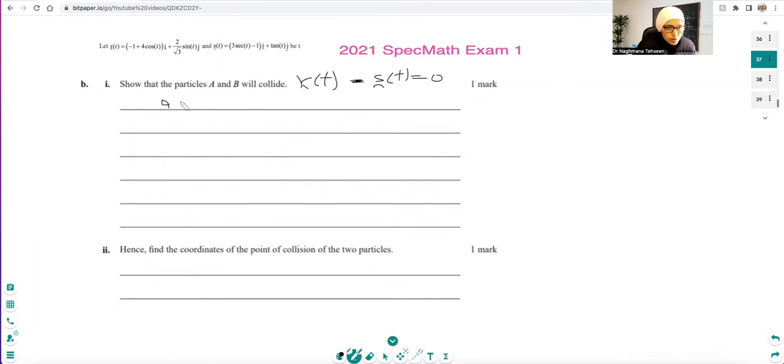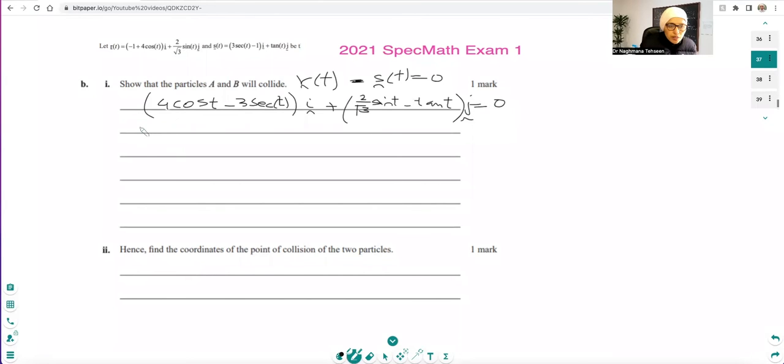So you get 4 cos of t minus 3 secant of t in i, and then plus 2 over root 3 sine of t minus tan of t is the j component, equal to 0.